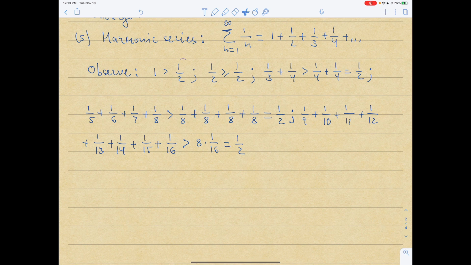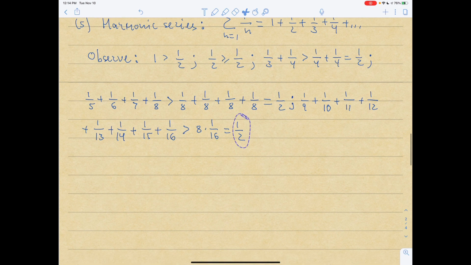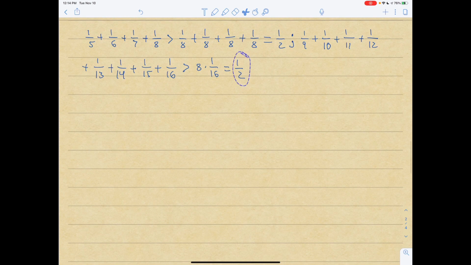So the first term is bigger than 1/2, the second term is bigger than 1/2, the next two terms are bigger than 1/2, the next 4 terms are bigger than 1/2, the next 8 terms are bigger than 1/2, and the next 16 terms, if I add them up, will be bigger than 1/2. And this will continue infinitely many times.